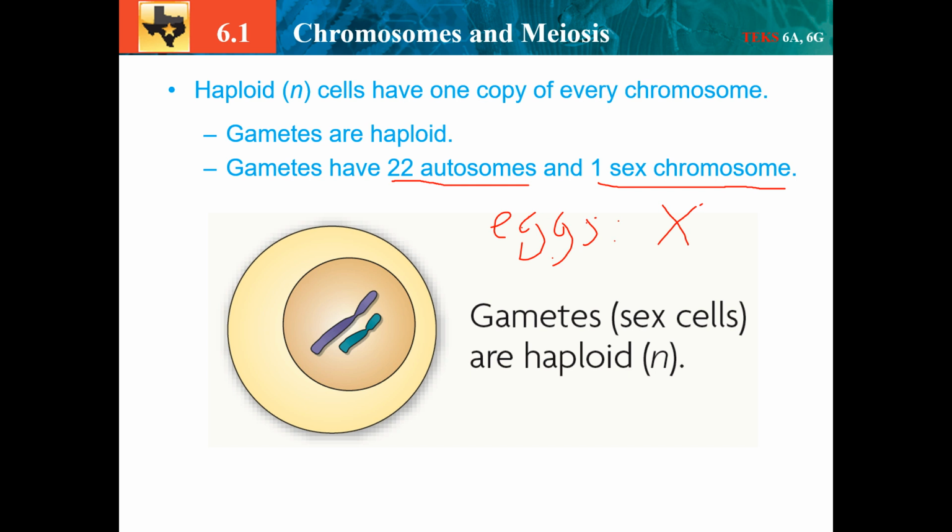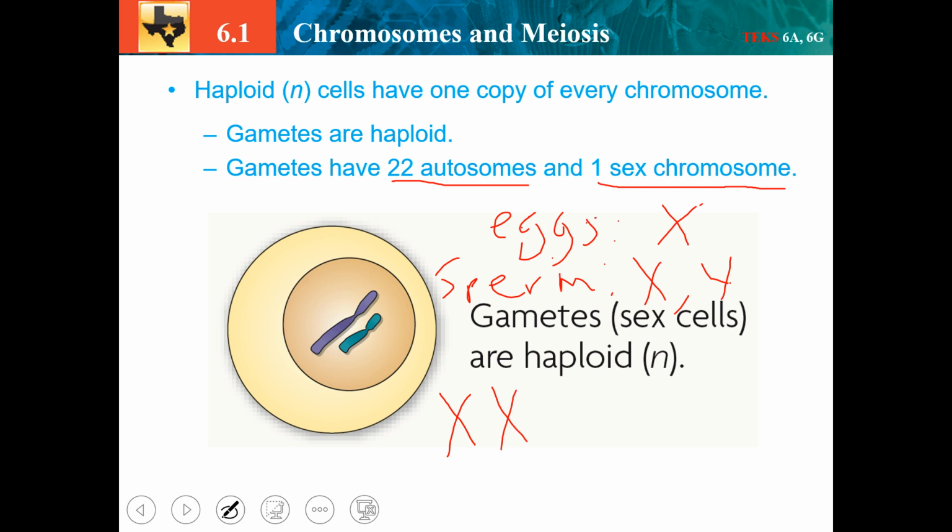Of the sex chromosomes, you have an X and a Y. For males, the sperm will give either an X or a Y. So whenever an egg and a sperm meet up, you're either going to get XX, which is the female, or XY, which is your male.